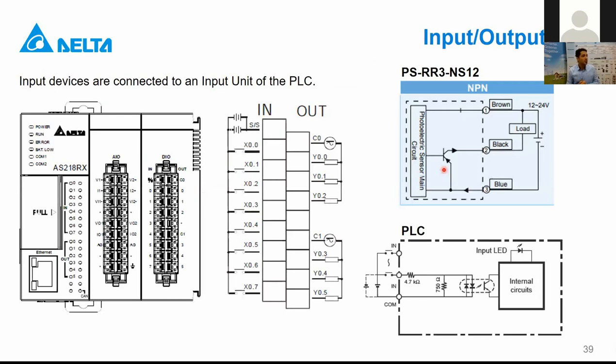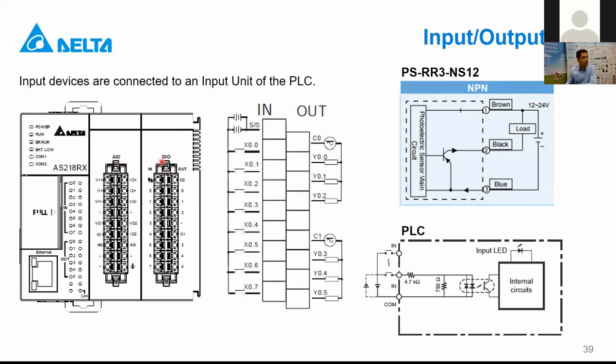And here you see the wiring diagram of the CPU. This is AS200RX. This is the relay type, but not really different. So in this CPU, you see we are defining the analog IO points and digital IO points.